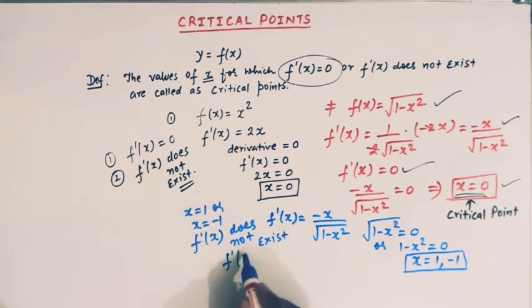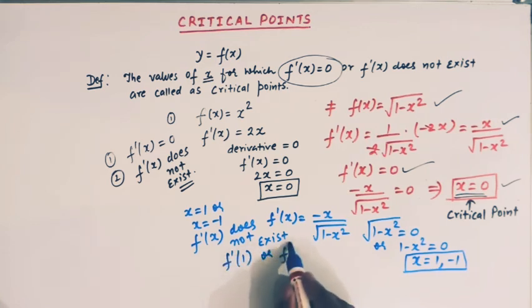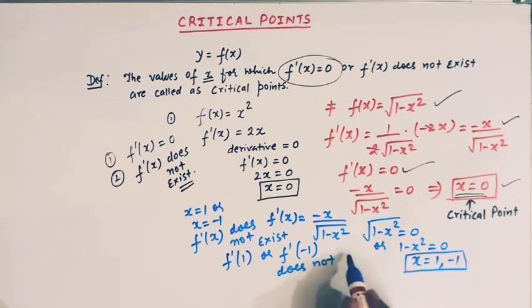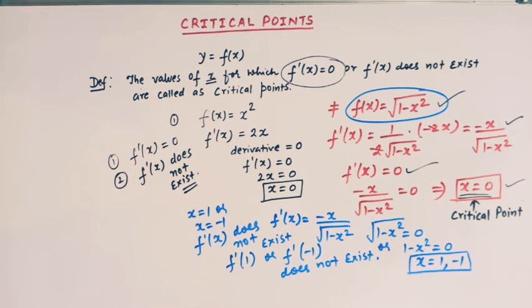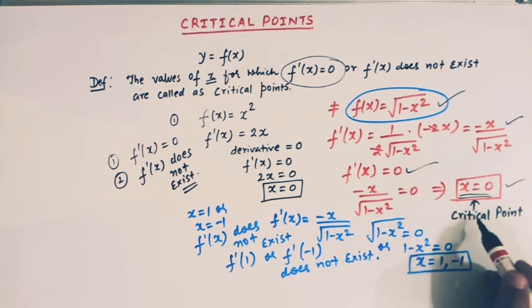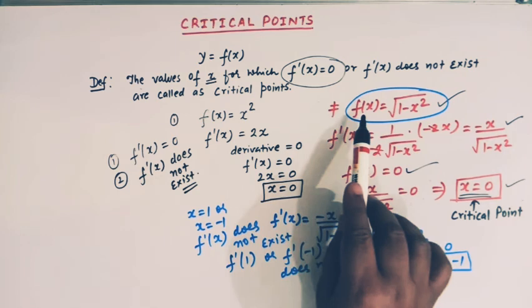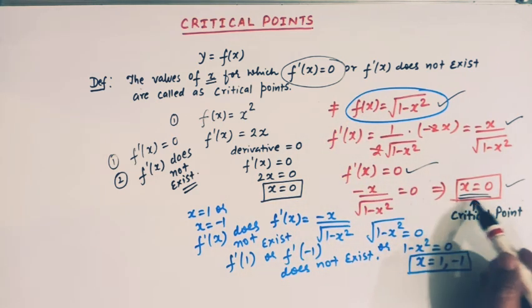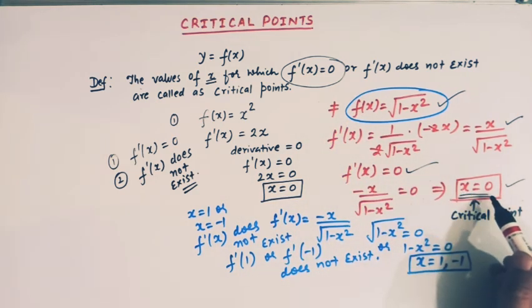So f prime of 1 or f prime of minus 1 does not exist, right? So therefore we see that here x equal to 1 and x equal to minus 1 are the other critical points of this function along with x equal to 0, right?